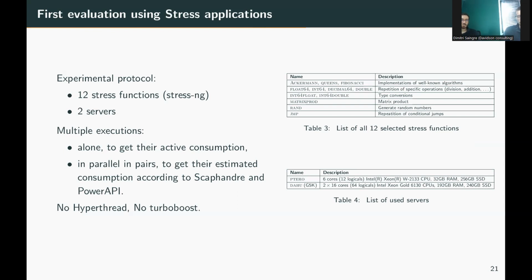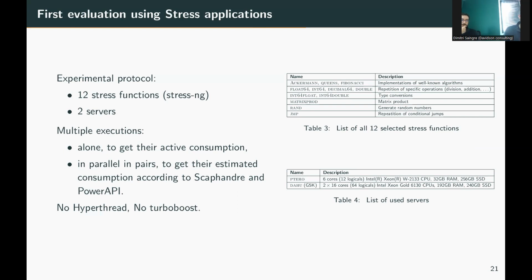The first evaluation was made on the 12 stress functions we already presented. The protocol was to run the application alone and then in parallel in pairs, to get their estimated consumption according to the power models, and see if we can extract some truth value from that and compare it to what we can expect from the definition we defined.